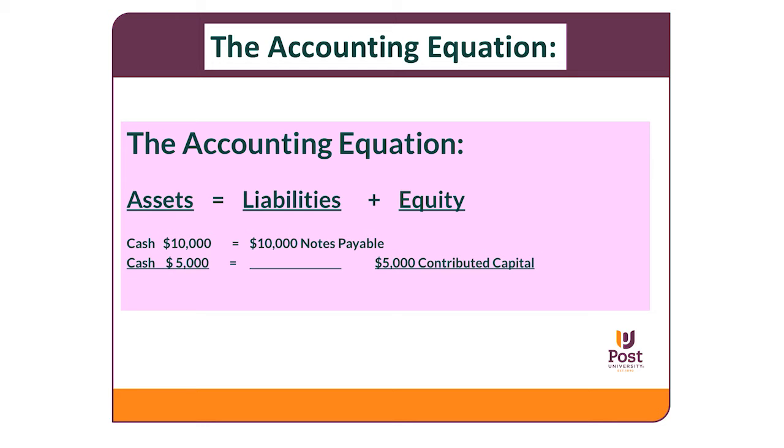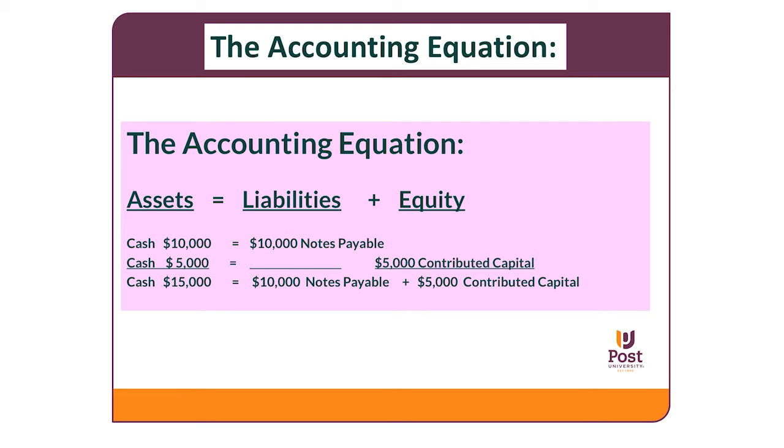Contributed capital is the amount you personally invest in the business. As can be seen, we end up with $15,000 cash equals $10,000 note payable plus $5,000 equity, the contributed capital.